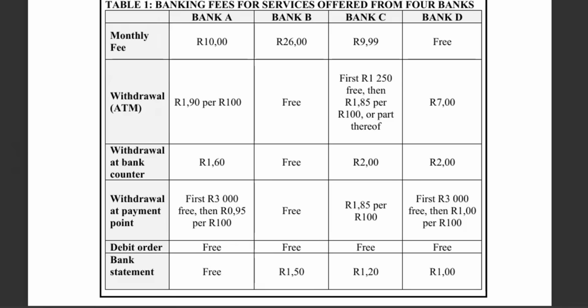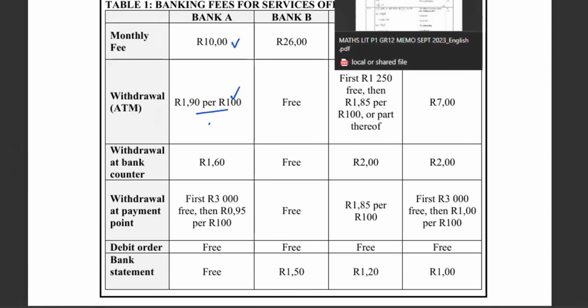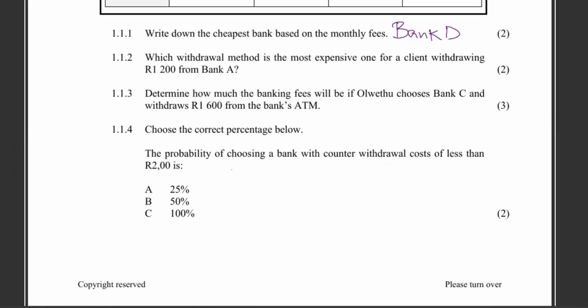Then we have this one here, and this is 10 Rand for every 100. When you calculate, this could be the expensive one. So we shall say the ATM withdrawal.